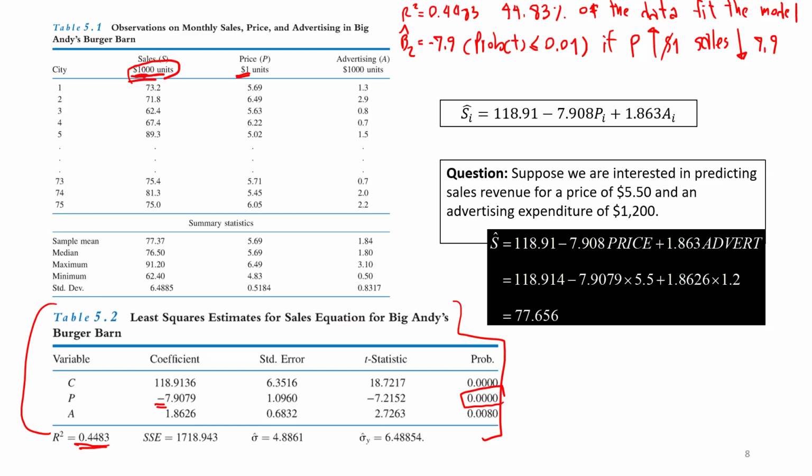If the data is in $1,000, it means 7.9 in terms of $1,000, or $7,900. If the price set by the company increases by $1, the sale decreases by $7,900, significant at the 1% level.